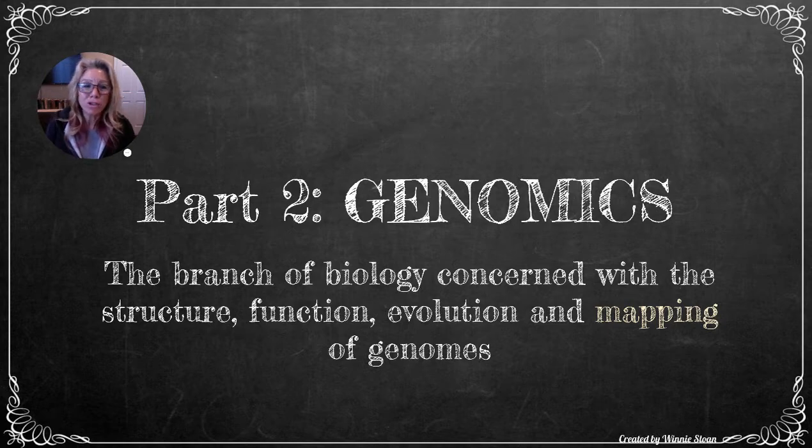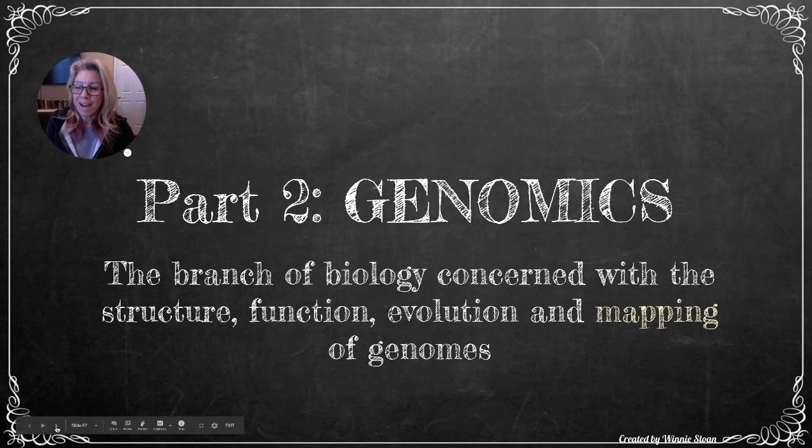So we are on Part 2, Genomics, the branch of biology concerned with the structure, function, evolution, that's all AP right there, and mapping of genomes, which is specifically asked for.